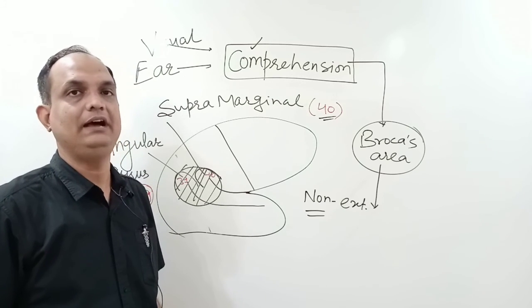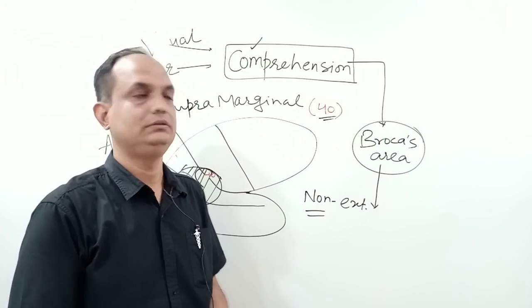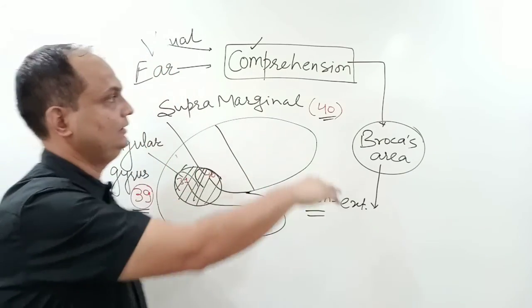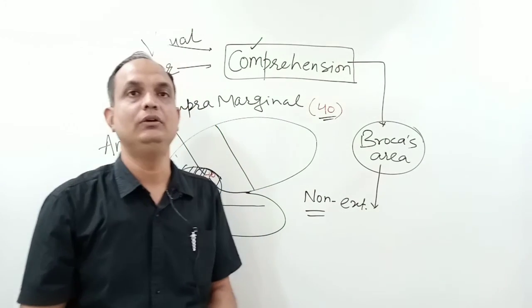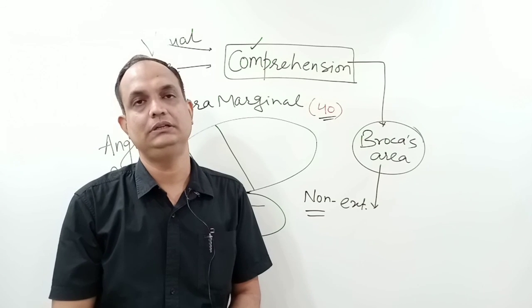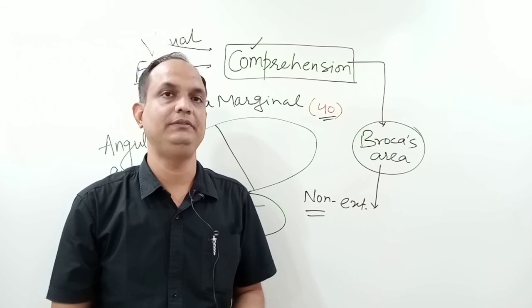The person will have aphasia. We'll see in detail about the connections, how this pathway works and how word formation occurs, in a separate video on the language areas of the brain.